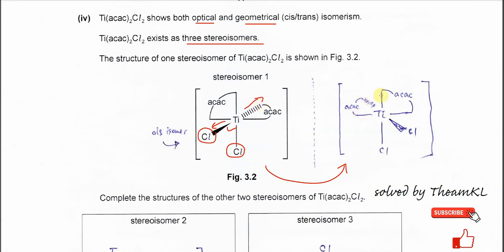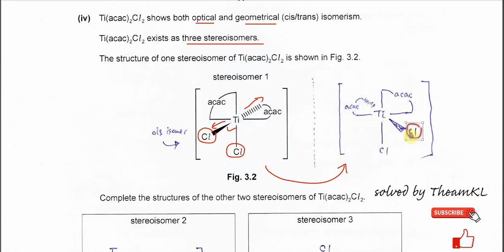So we draw 4 normal lines and 1 dotted line at the back and 1 wedge line in front. We just follow this position, chlorine here with this chlorine, acac with this, and this one with this, right? So therefore, now we have the mirror image.